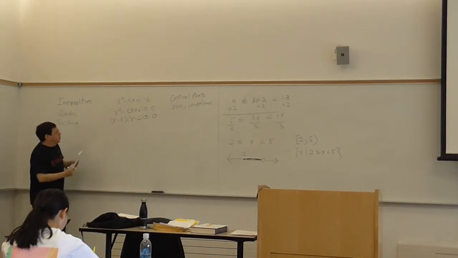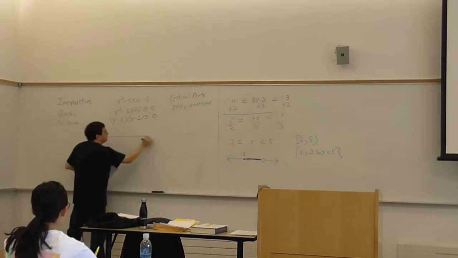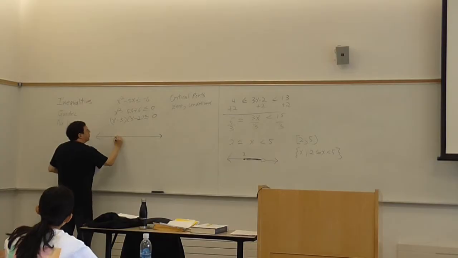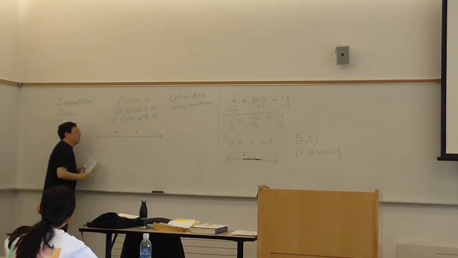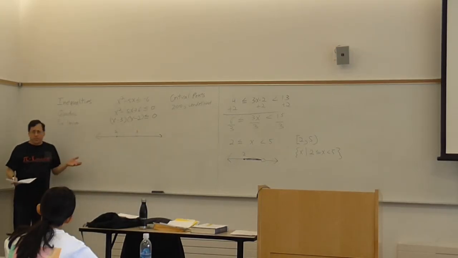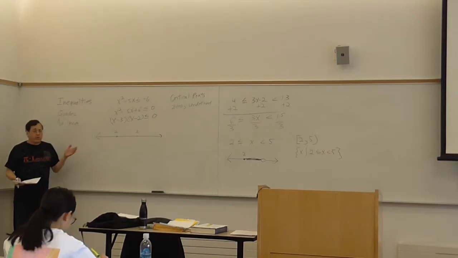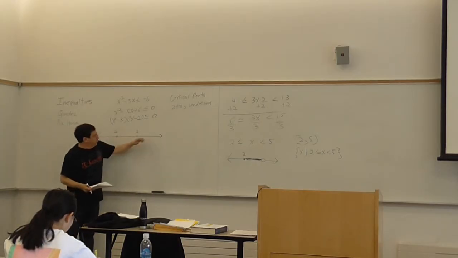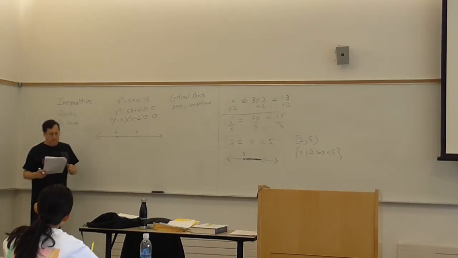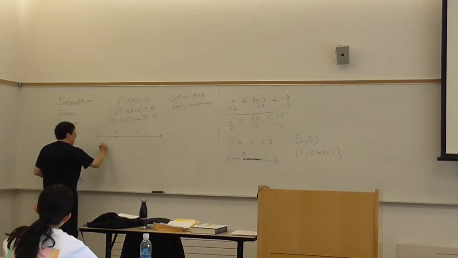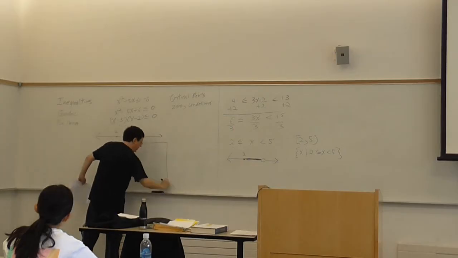So in this case, we have points 2 and 3. These are our critical points. And now we break the problem down into checking each region and each point. So let me do this as a table here.